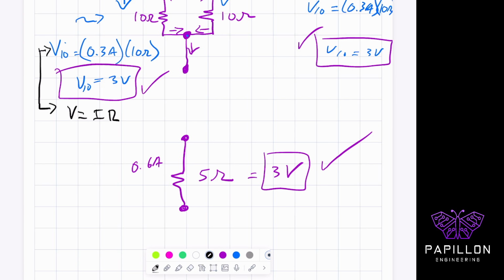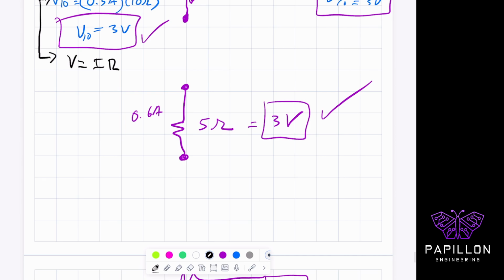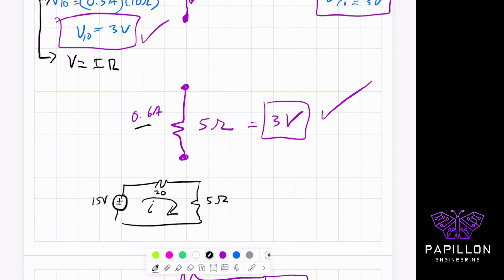That's extremely important because remember what we said earlier, when we originally drew the problem, we also had the minus 15 volts source. We had here the 20 ohms, and we figured out that this was 5 ohms. Because the 20 and the 5 are all on the same series track, the 0.6 amps is the same through the 20 and the 5 ohm resistor.